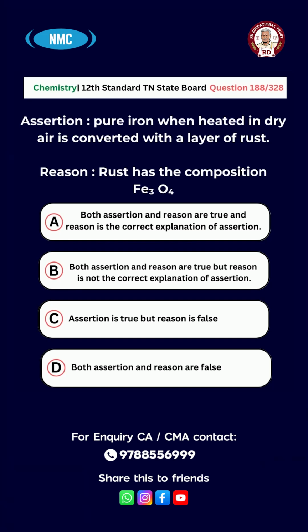Option B, if both assertion and reason are true, but reason is not the correct explanation of assertion. Option C, assertion is true, but reason is false. Option D, both assertion and reason are false. The correct option is option D, both assertion and reason are false.